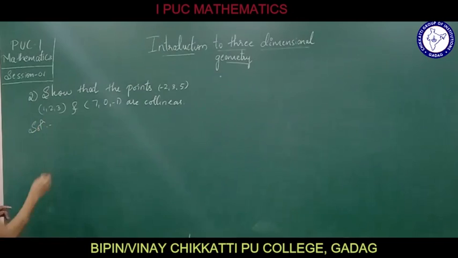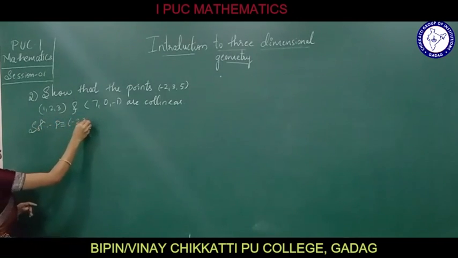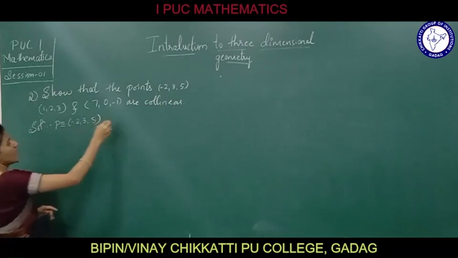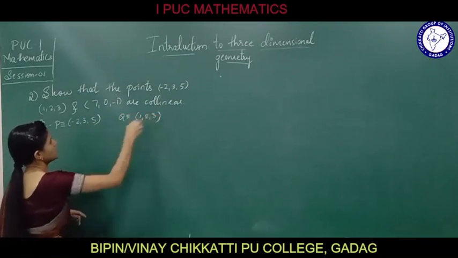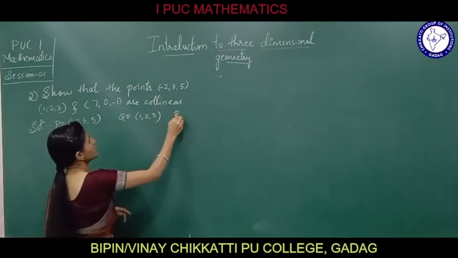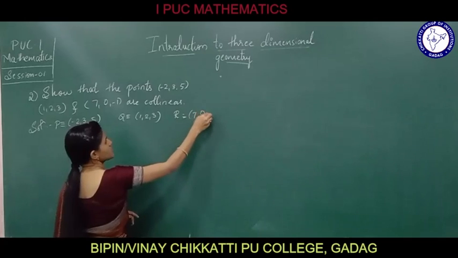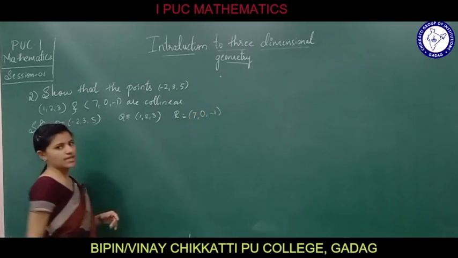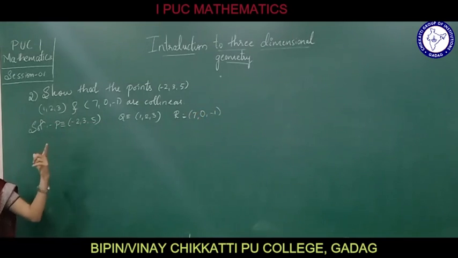First name them: let P be equal to minus 2, 3, 5, and Q be equal to 1, 2, 3, and R be equal to 7, 0, minus 1. Let us first find PQ, QR and PR.